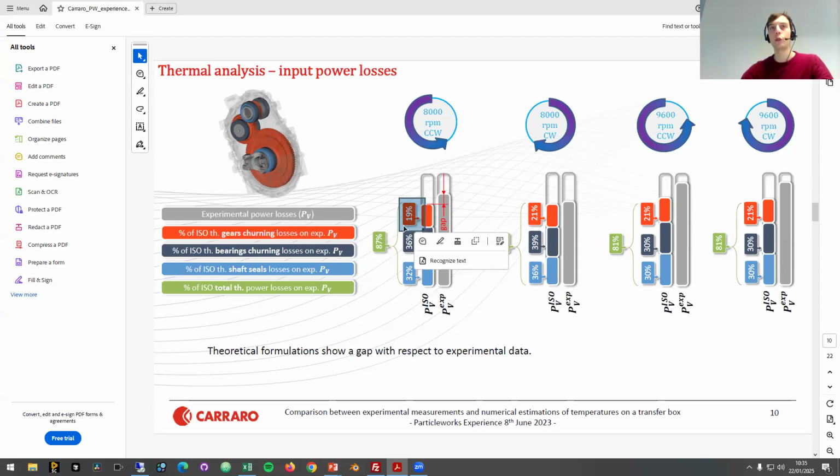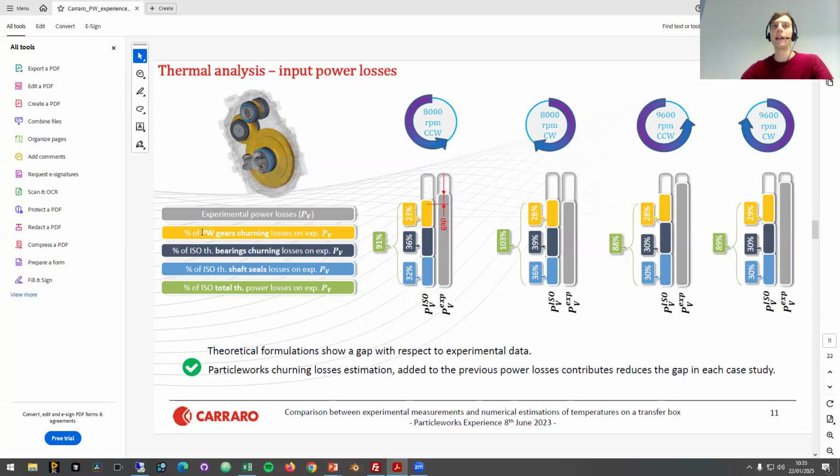This is the contribution together with the bearings churning that is not integrated in Particleworks. We only look at gear churning due to oil. In orange, we have the ISO prediction, so tabulated prediction. And in yellow, you see the results of Particleworks.